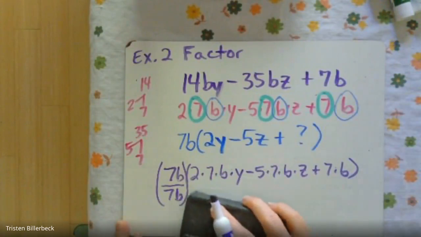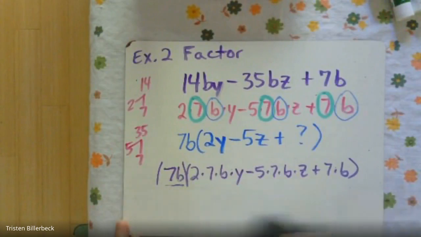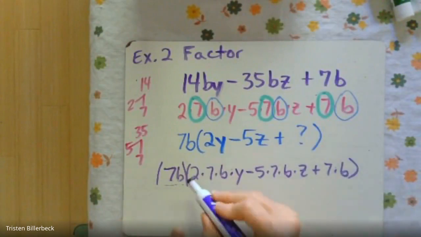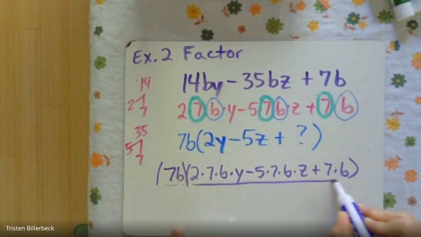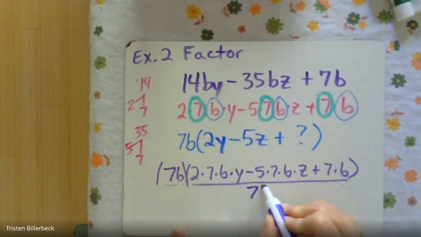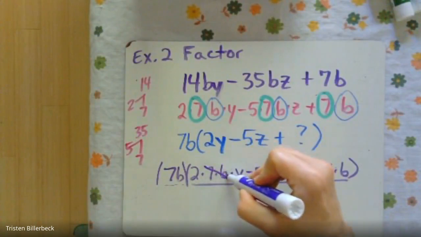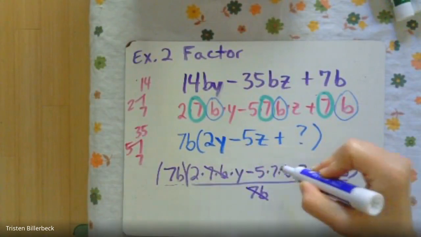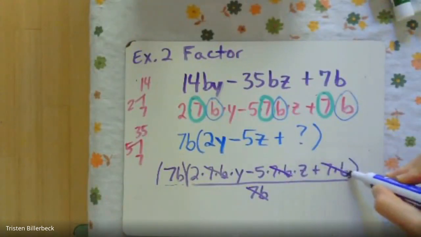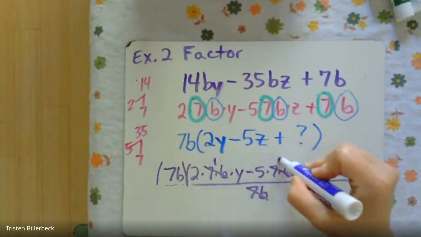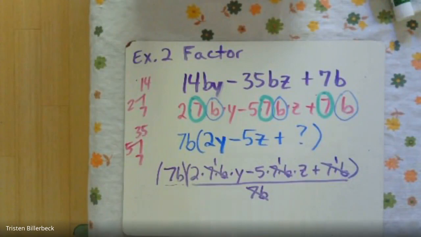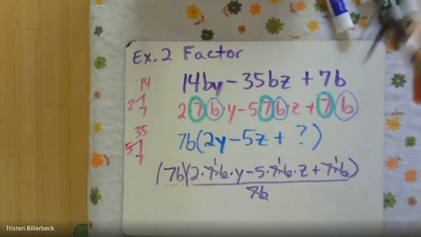Now let's rearrange this, and I'm going to divide all of this by 7B. That means this 7B goes away, that 7B goes away, and that goes away, but when it goes away it leaves a 1. Aha! So we're getting there. So what is this then?